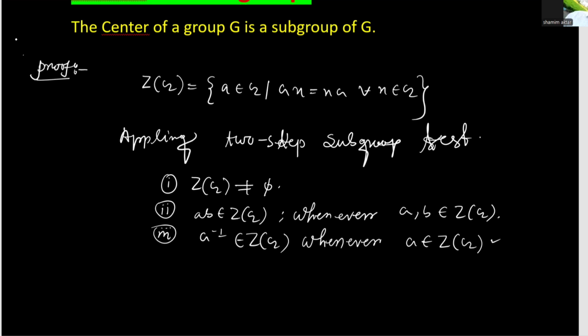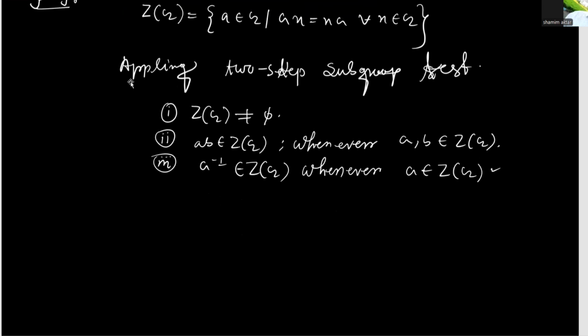Okay, so then we conclude Z(G) is a subgroup of G if these three conditions hold.